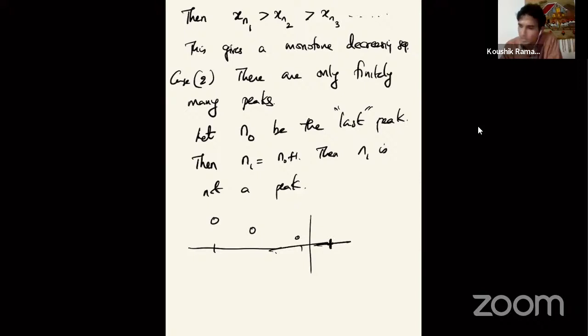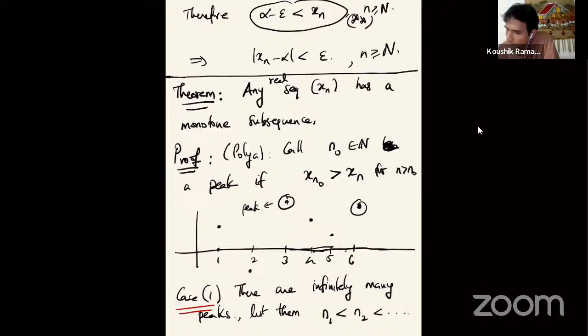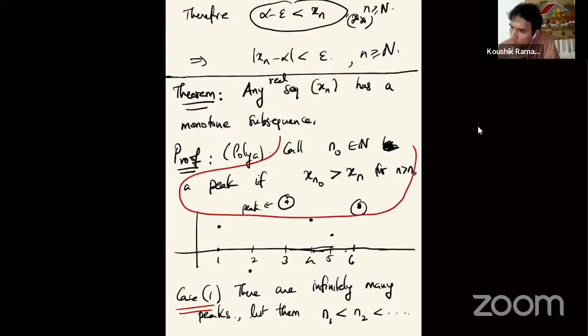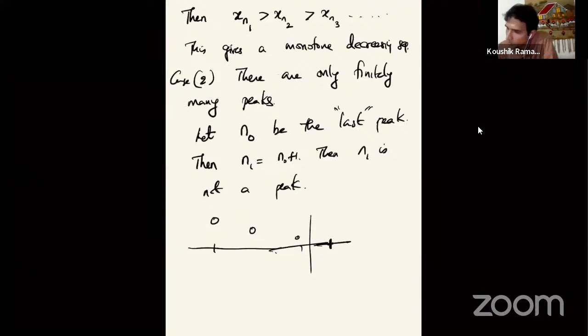If n1 is not a peak, let's go back and look at the definition of a peak. A peak index means everything that follows it is below it. So if it is not a peak, there is some element which comes after it and lies above it.